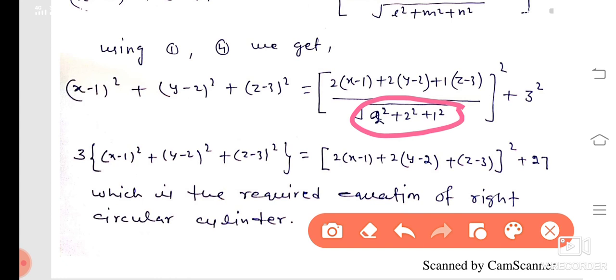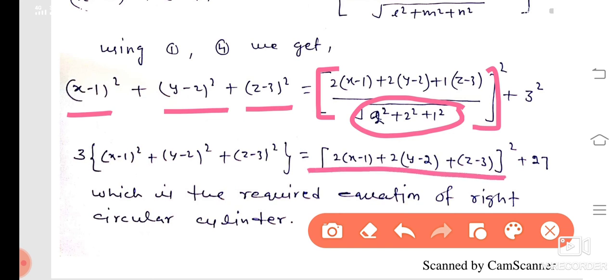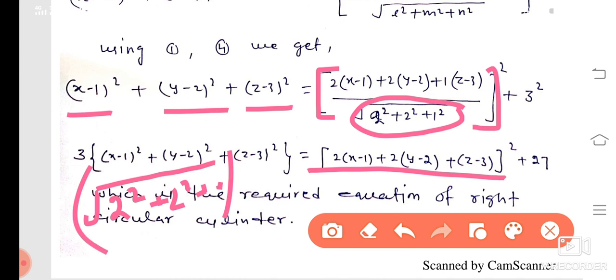Sorry students, this will be (x minus 1) square plus (y minus 2) square plus (z minus 3) square, equal to the square of the whole bracket. Inside the bracket, the numerator can be written as the square of this expression, and in the denominator you have the square of root of 2 square plus 2 square plus 1 square, whole square.